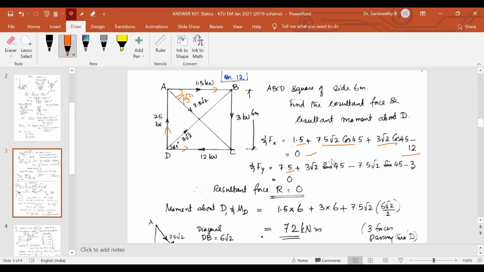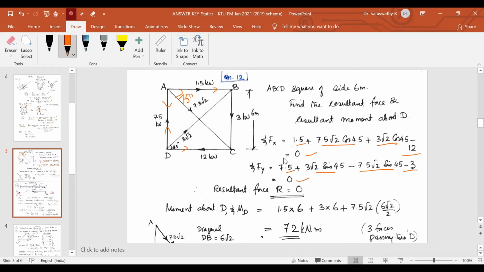What about the 7.5 root 2? Its horizontal component is away from the joint, and the vertical component will be downwards, so minus 7.5 root 2 sine 45. Then this 3 is downwards, so minus 3. Summing up, here also we get 0.